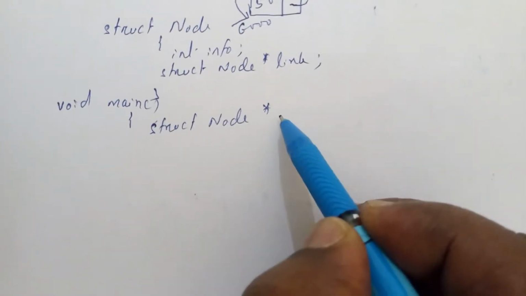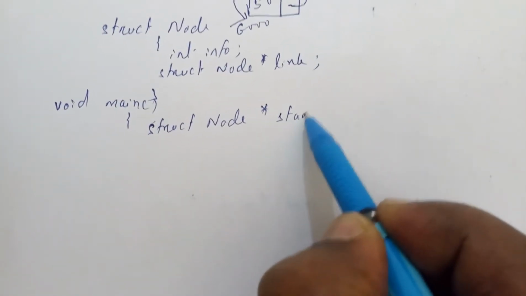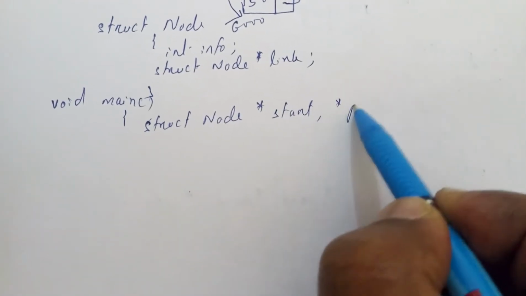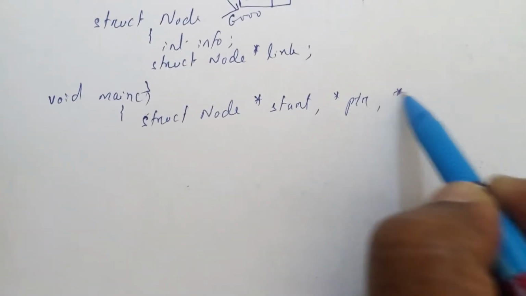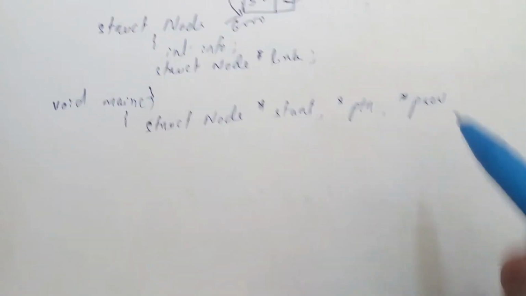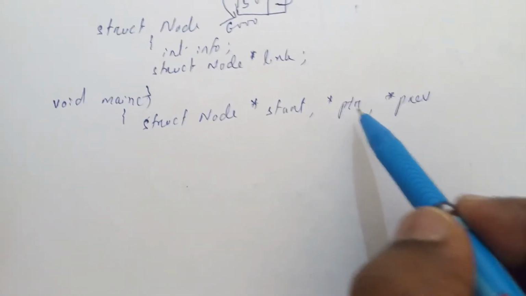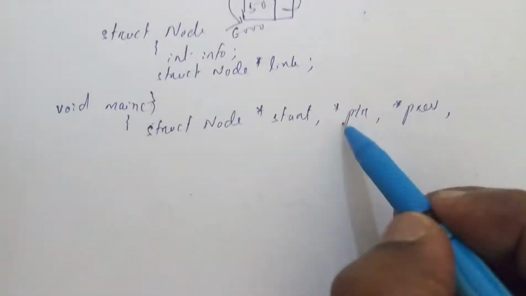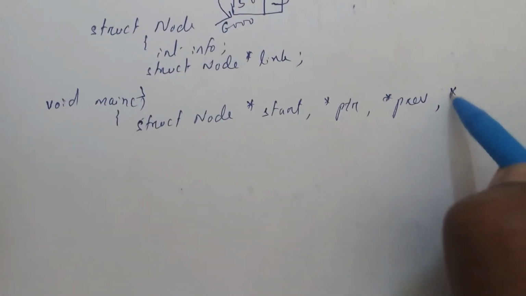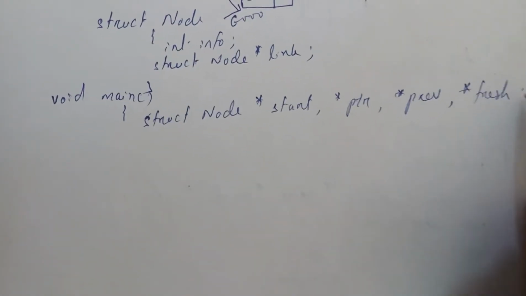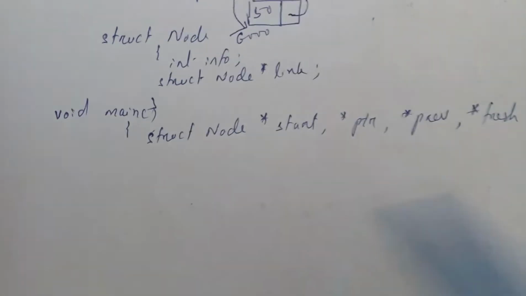We have declared the pointers like start pointer, ptr, previous which holds the address of the previous node, and the next node address will be held by the ptr pointer, and another is fresh, which will hold the address of the freshly created node.